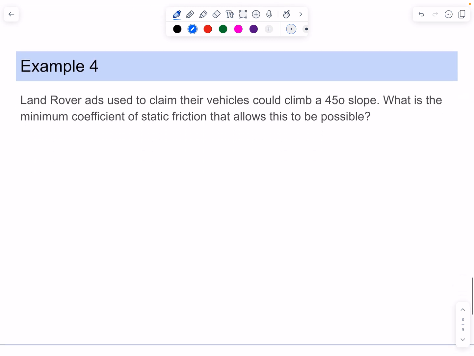All right. A Land Rover ads used to claim that their vehicles could climb a 45-degree slope. What is the minimum coefficient of static friction that allows this to be possible? Well, I know that the force of friction would be equal to the force of gravity in the x direction if it was at rest, and we know it's at rest because we're talking about static friction.